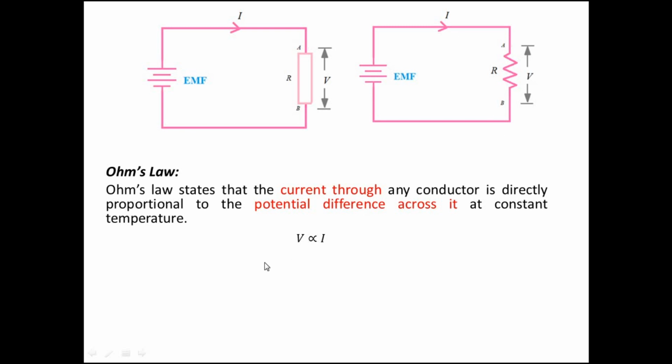Okay, and the proportionality constant is the resistance R, or V equal to R into I. So Ohm's law is actually a relation between the voltage, current and resistance of a conductor.